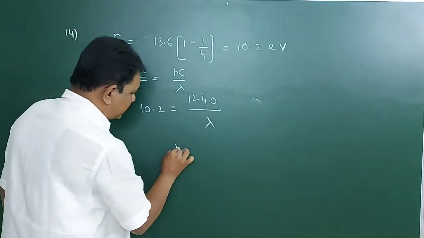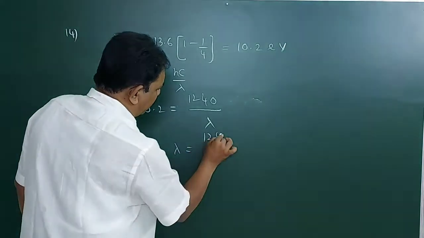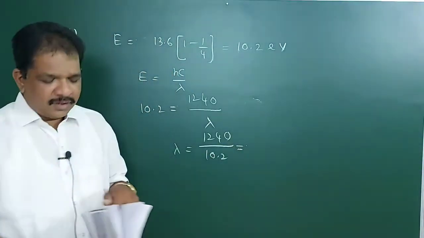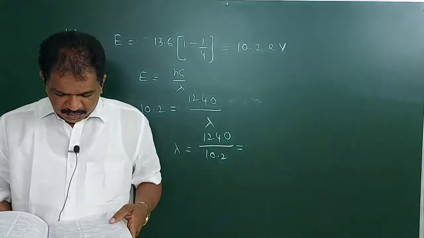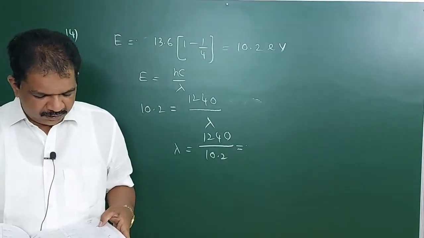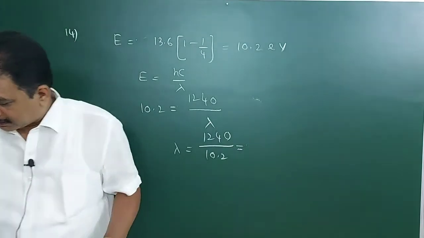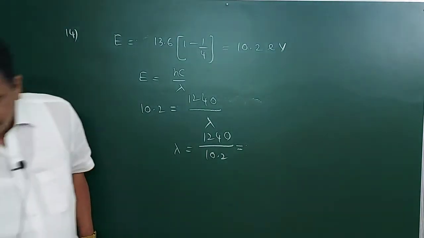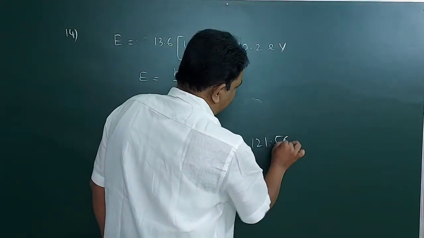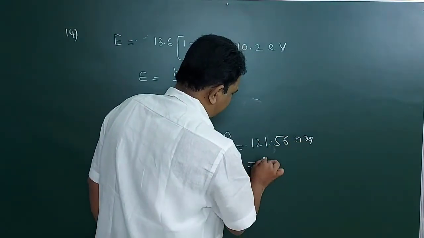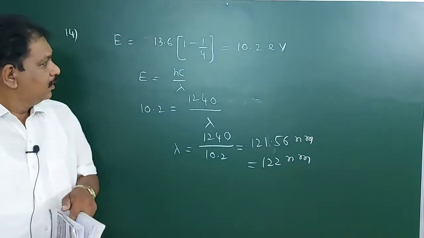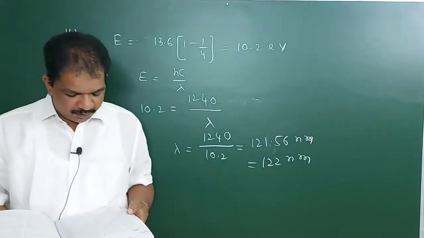So lambda is equal to 1240 by 10.2. If we calculate, we will get this value as 122 nanometer. Exact value 121.56 nanometer, means 122 nanometer. That is problem number 14.